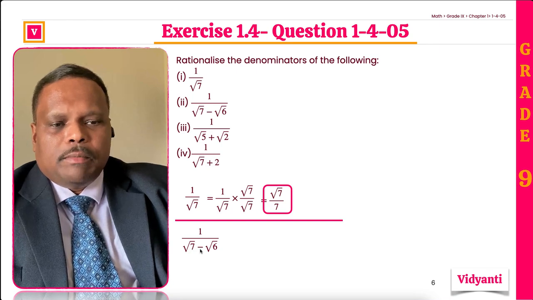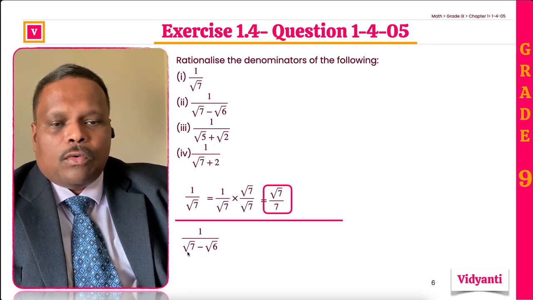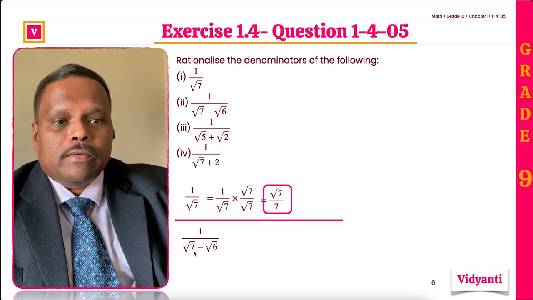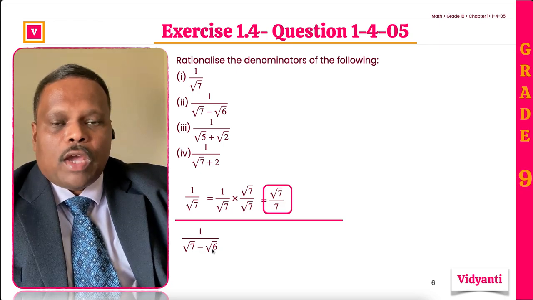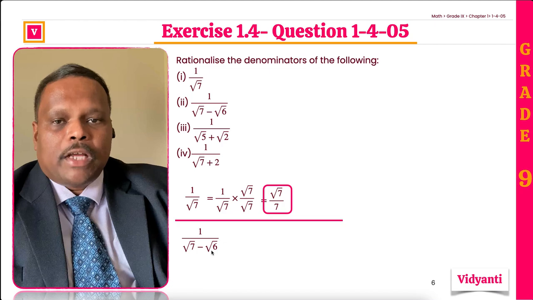The conjugate is simply changing the middle sign. If you have minus, replace it by plus. If you have plus in the middle, change it to minus. Here we have root 7 minus root 6, so its conjugate will be root 7 plus root 6. We are going to multiply both numerator and denominator by the conjugate, which is root 7 plus root 6.